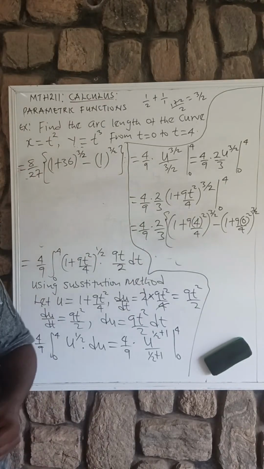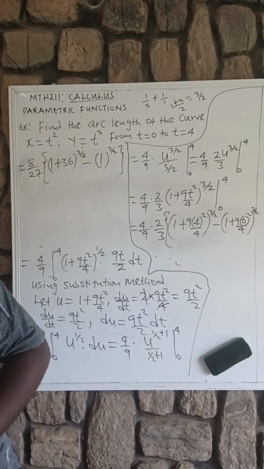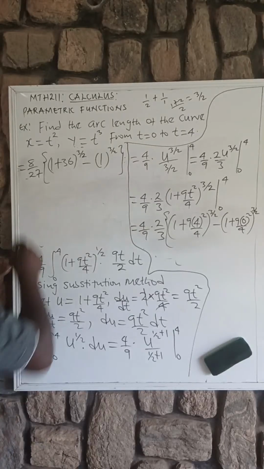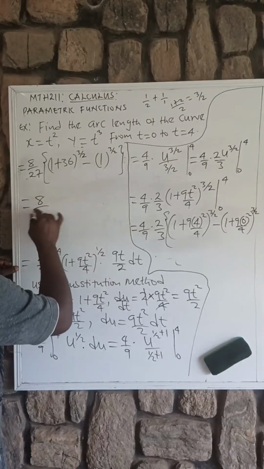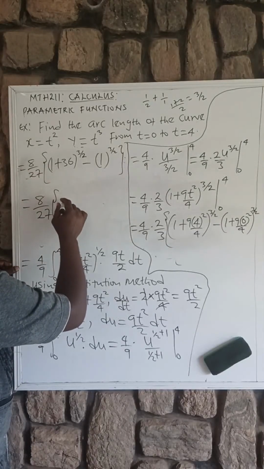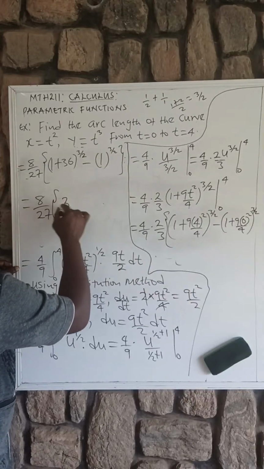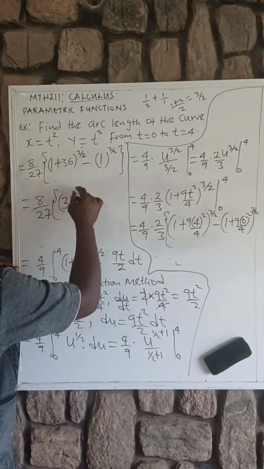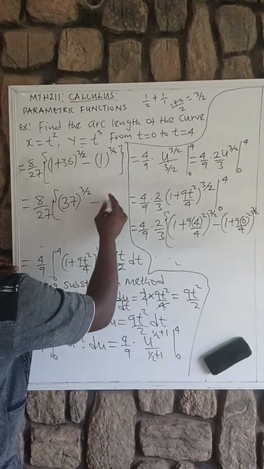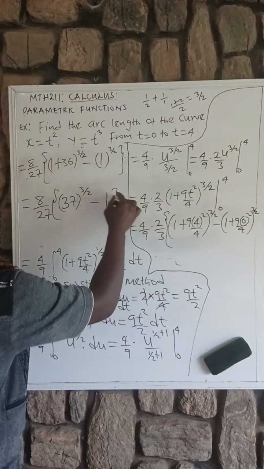I think you understand what I am doing there. So here will be equal to 8 over 27, open bracket, this plus this is 37, all in bracket raised to the power of 3 over 2. Then this is the same thing as 1, true or false.